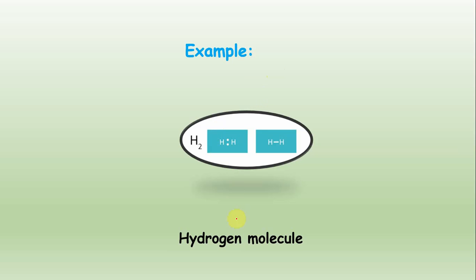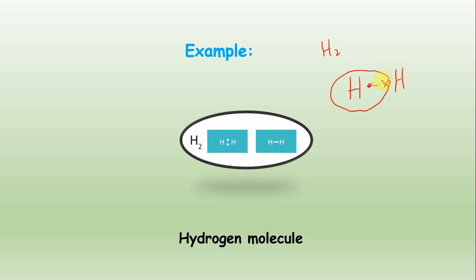The example is the hydrogen molecule. This is the hydrogen H2 molecule, and how do they share the one electron? As we know, there is one valence electron in hydrogen, so one electron of one hydrogen and one electron of another hydrogen, they will share this one electron. What will be the result?